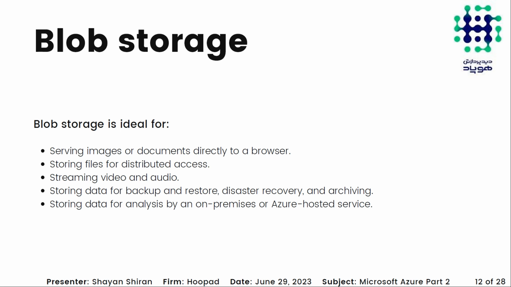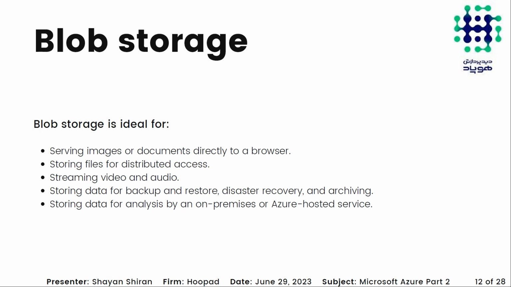We can store everything on it. It's an unstructured kind of storage, which means we can have different kinds of data on it. For example, we can have video streaming data, image data, or even custom data that we are using for our application development. And I have said it's really good for big data analysis.